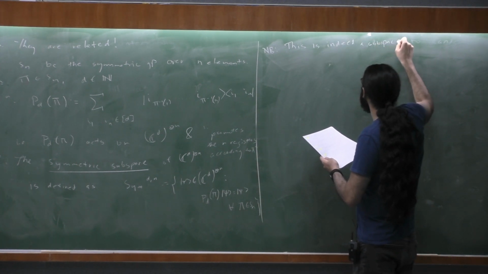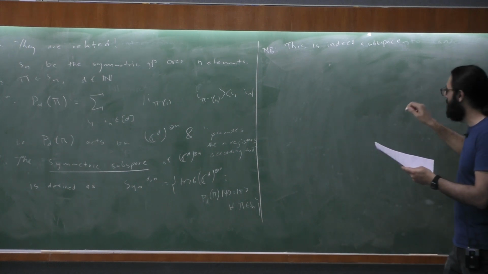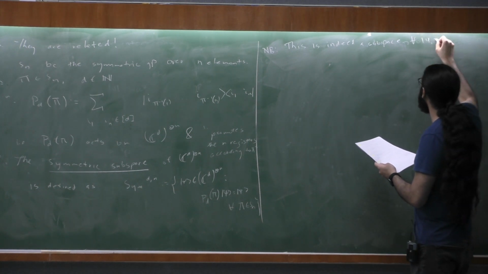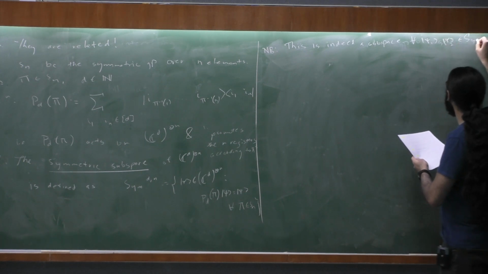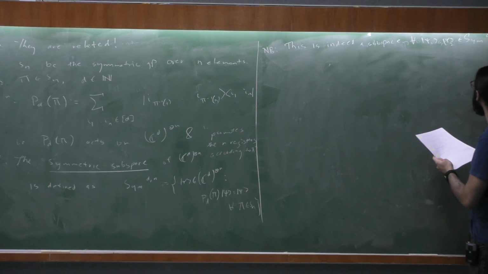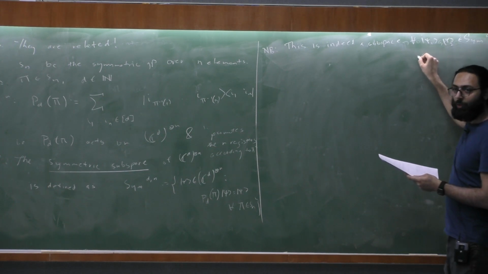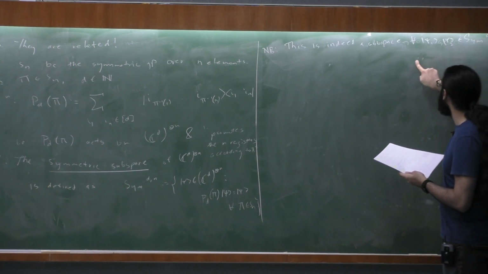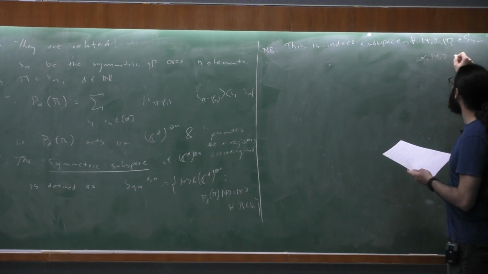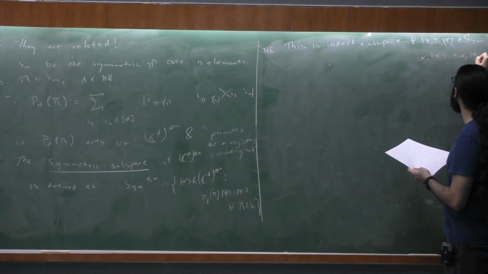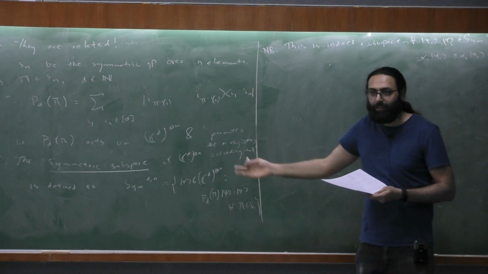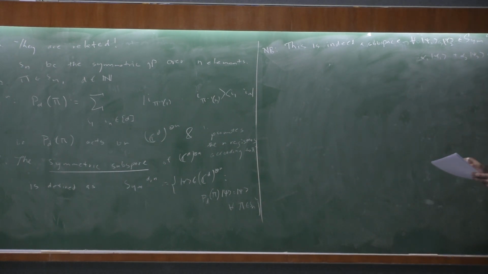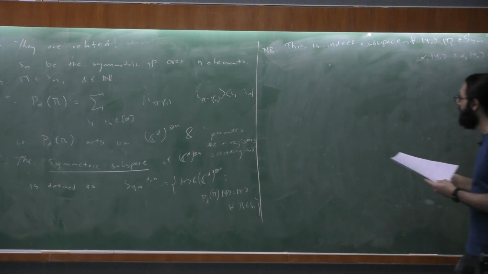You can check this because if you have two elements, for all psi 1, psi 2 in the symmetric space Sym(d, n), it's obvious that alpha 1 psi 1 plus alpha 2 psi 2 is also in the same subspace. It's just by linearity of the transformation.